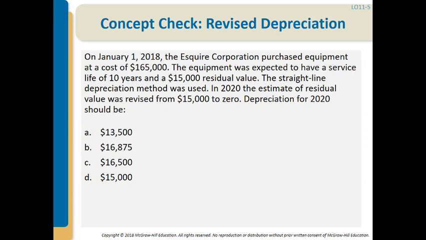You don't have to subtract any salvage value because it's now at 0.